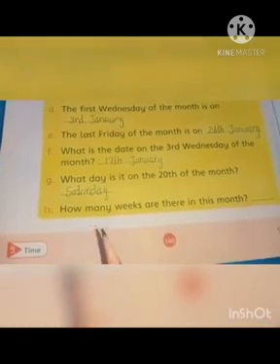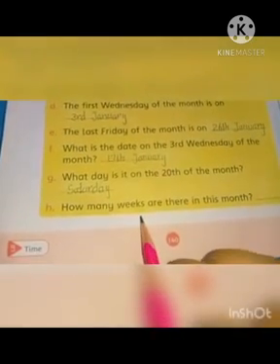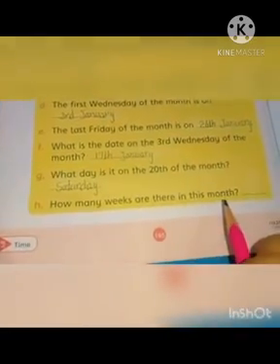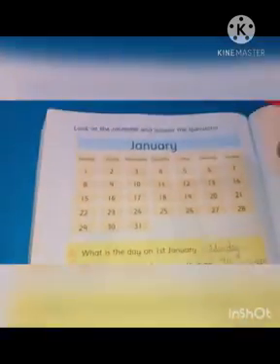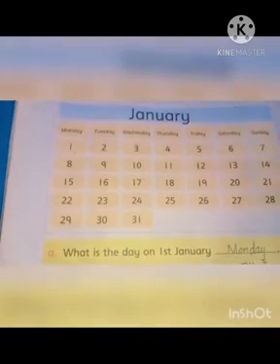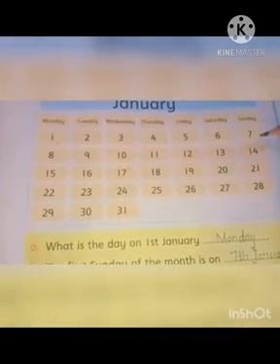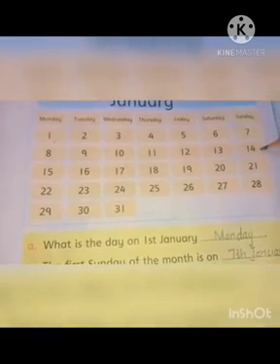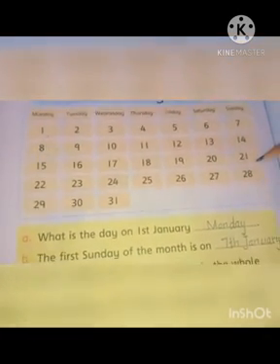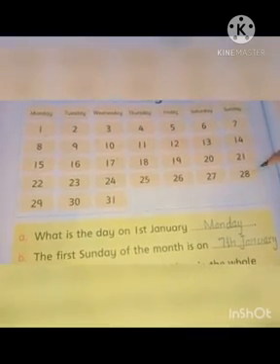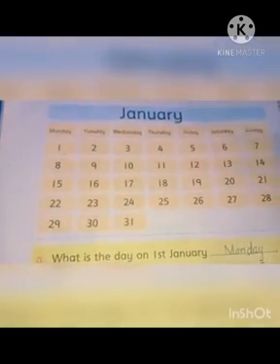Here we have point H, and the statement is, how many weeks are there in this month? Students, here we have 7 days in a week, and here the first week is complete, then the second one, third and fourth. Students, four weeks are complete in the month of January.